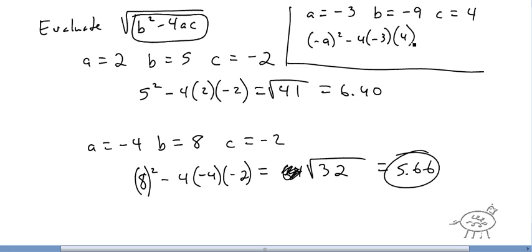So you're going to do -9 squared, which, again, be careful, minus 4 times -3 times 4. So you get 129. Take the square root of that, and you get 11.36.